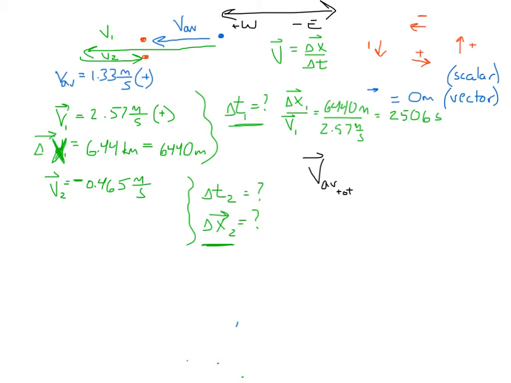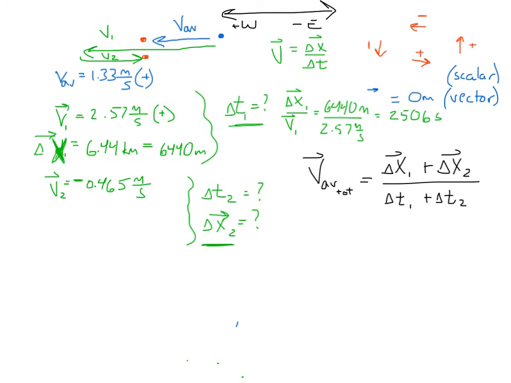The average velocity for the whole trip is going to be displacement 1 plus displacement 2, those are vectors, divided by time 1 plus time 2.